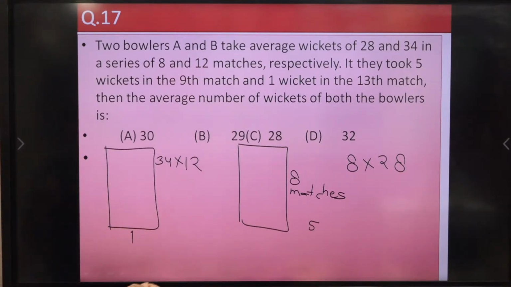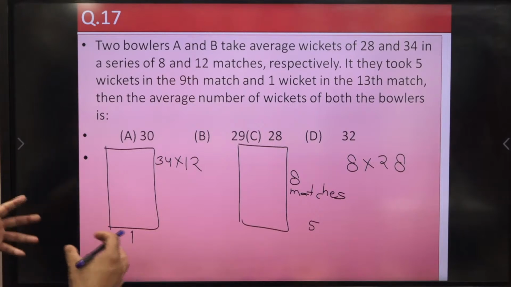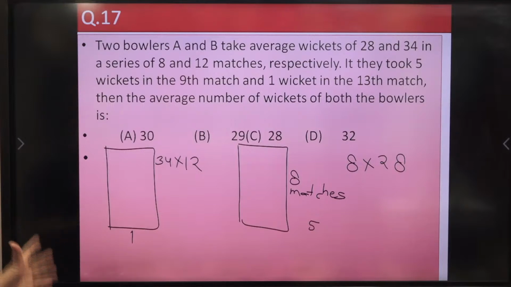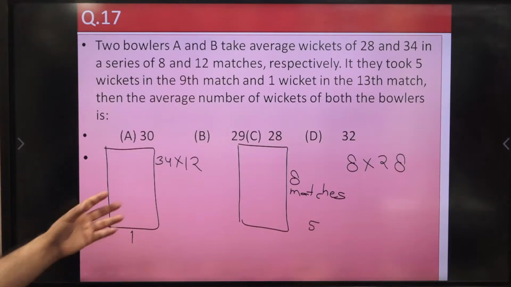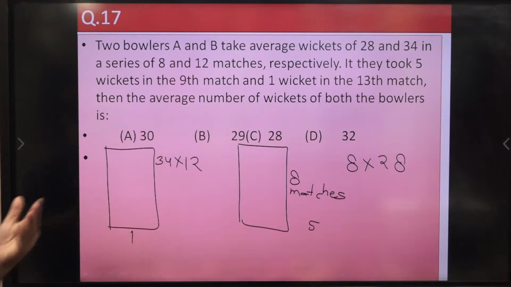Total number of wickets taken divided by total number of matches will be the average. That will give us the average number of wickets per match.